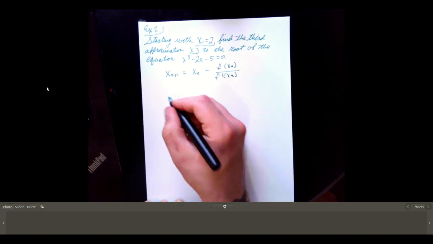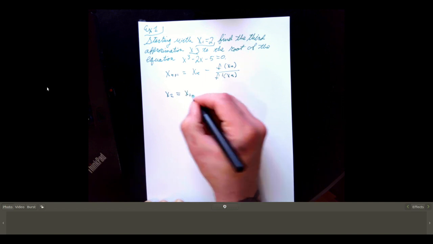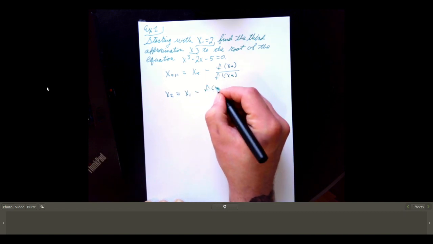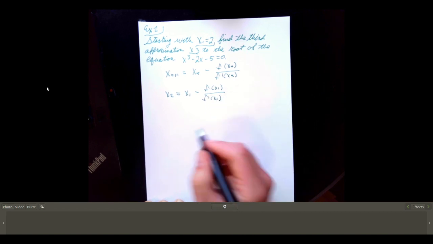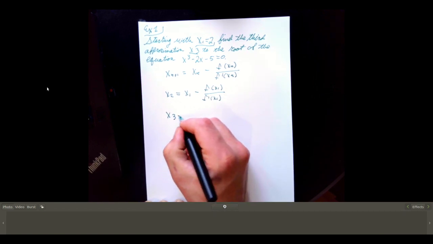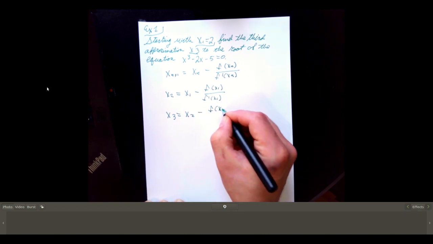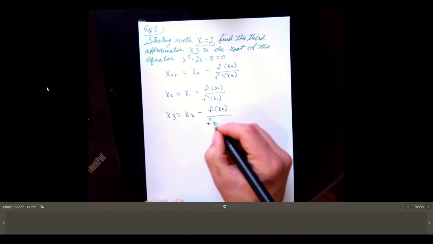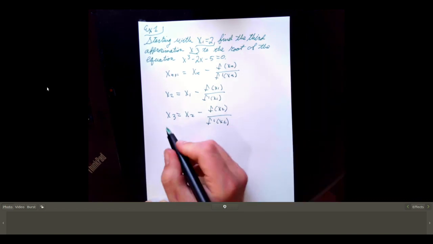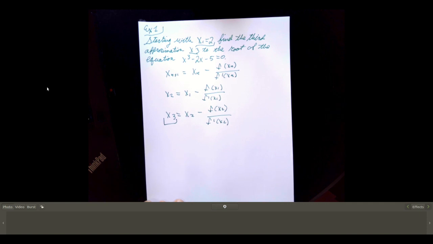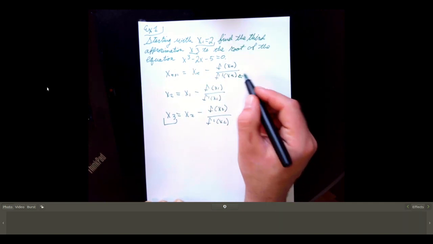So that means x2 is going to be given by x1 minus f of x1 divided by f prime of x1. And then x3 is going to be given by x2 minus f of x2 divided by f prime of x2. So this is going to be our roadmap to get where we want. So we have this f of x thing.